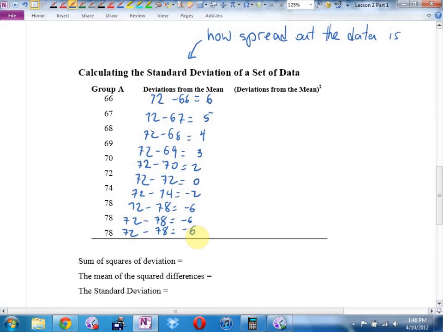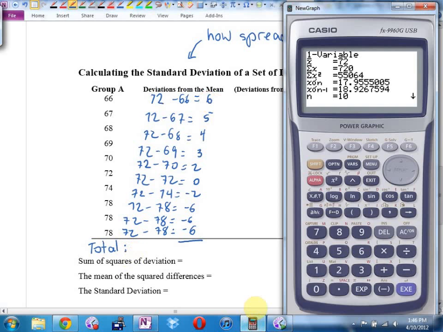This is what they tried first, and then they thought, maybe I'll add all these up. So can you on your calculator, go menu, option 1, add 6 plus 5 plus 4 plus 3 plus 2 plus 0 plus negative 2 plus negative 6 plus negative 6 plus negative 6? Maybe this will give us a number that describes how spread out the data is.